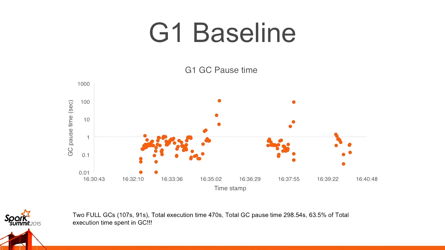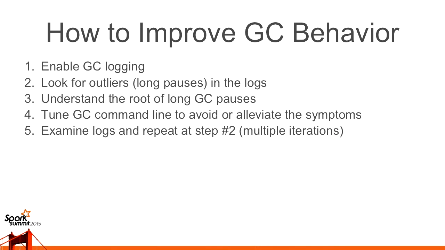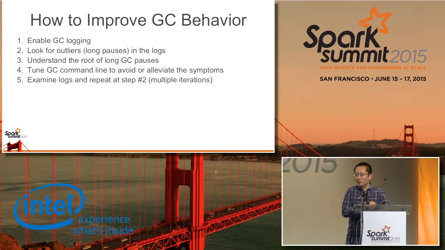That's not very good. Okay, so here comes the question: what do we do next? We get the data and we see there's a problem. It's very typical to look at what the GC logs are showing us, and look for outliers in the GC logs so that we know when those full GCs or very long GC pauses happen.